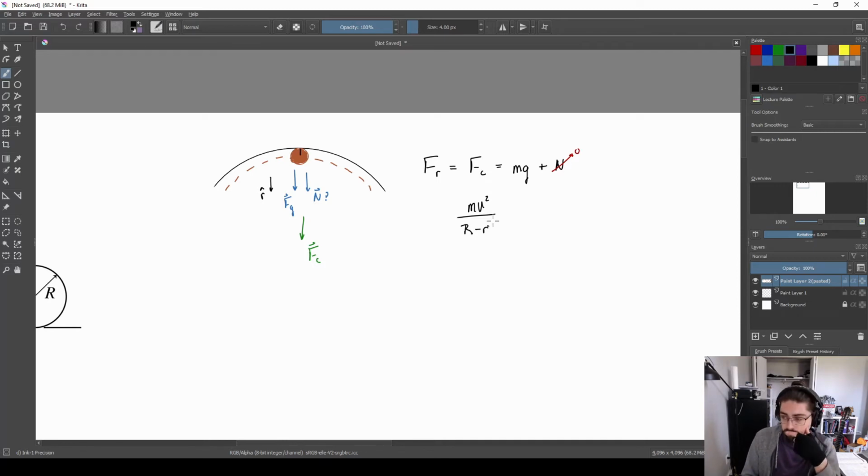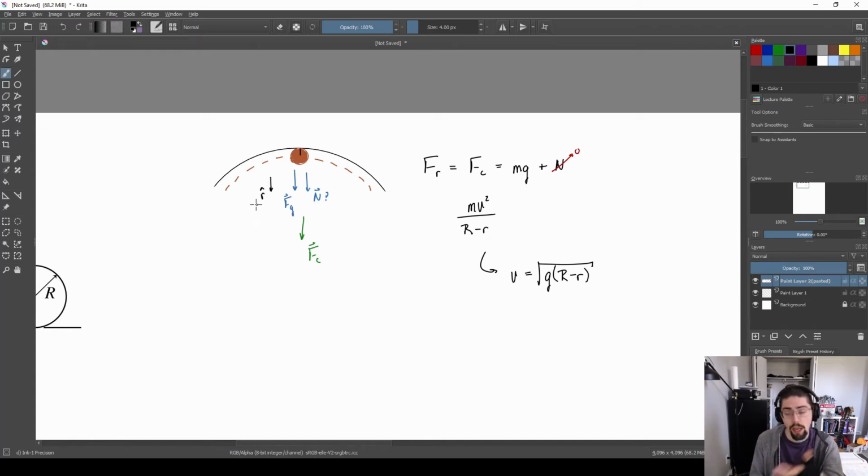And this condition, right, this is basically saying to us that we need to have some sort of velocity equal to the square root of g times (R minus r). That's the speed that we need to be at the top of the loop to make this happen.